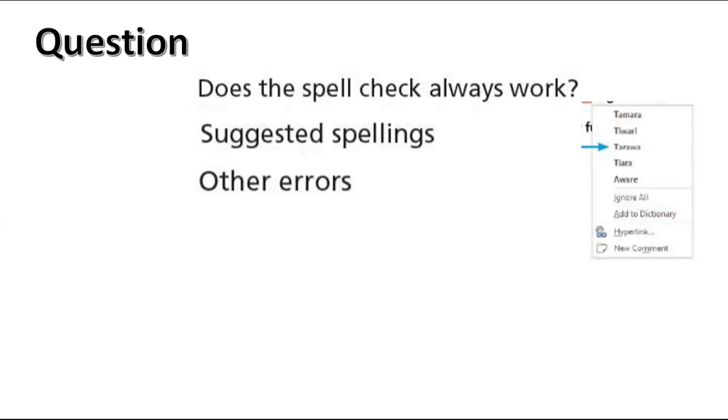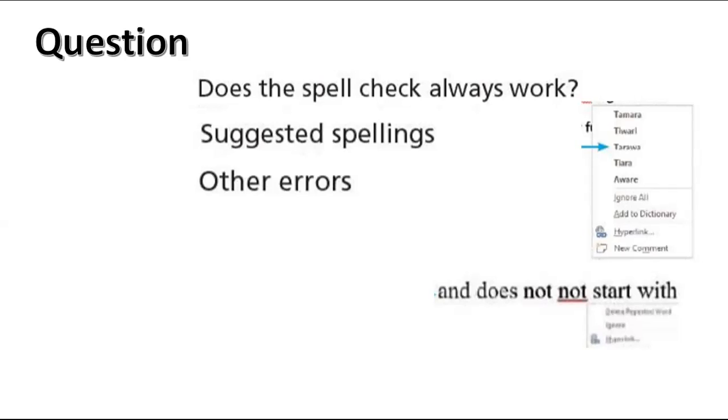For the word Tavra, no change needs to be made, but in the case of a genuine error like this, a list of suggested words is shown. Now choose the word which is the most appropriate in this case, and it would be spelling, you can say.